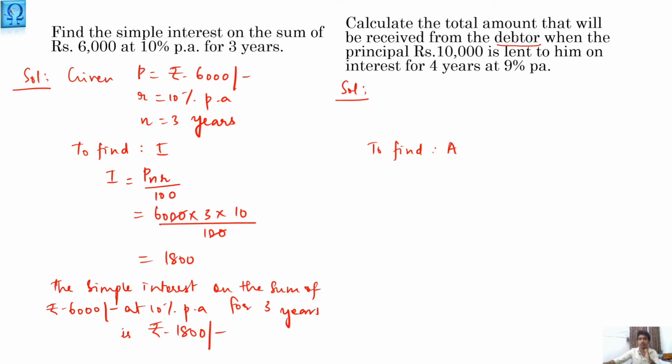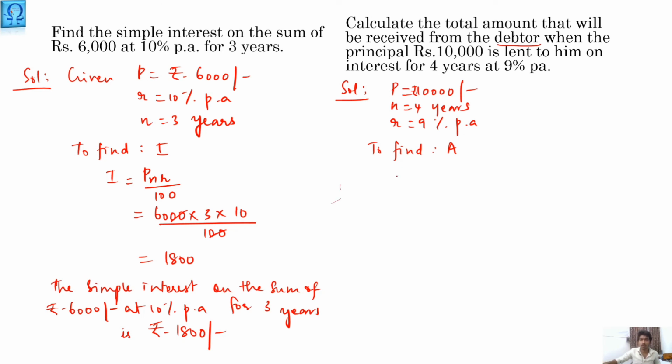If we simply look at it from the mathematics point of view, here the principal value is 10,000, N value is 4 and R value is 9%. This is per annum, this is in years and this is in rupees. As of now we just look at it from the mathematics point of view and complete it, and then we will explore what we mean by the debtor, the creditor, and all those technical terms.